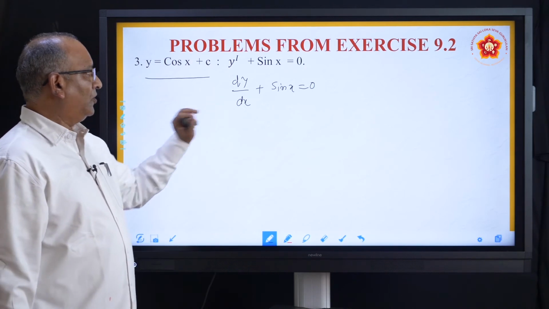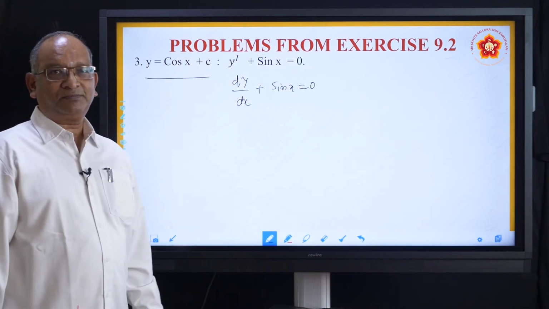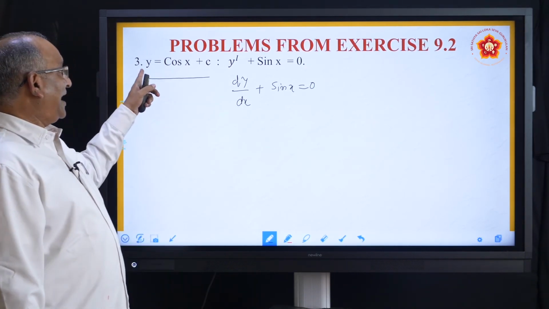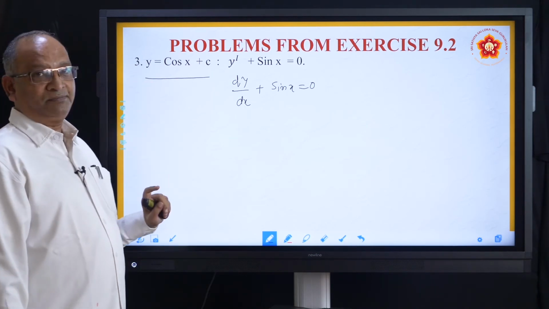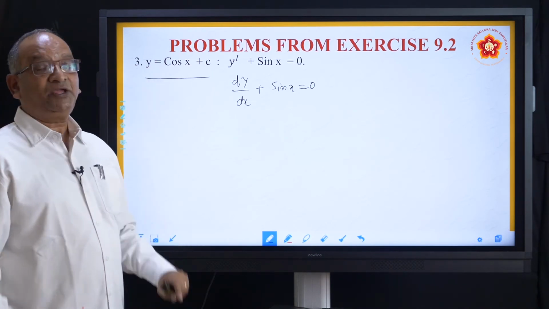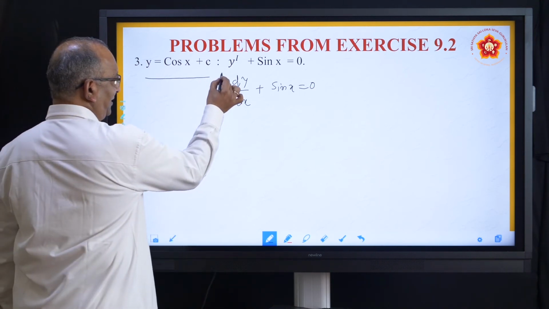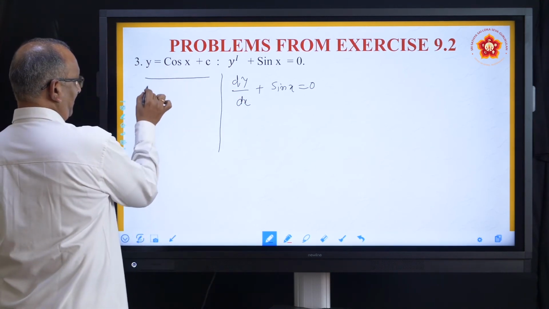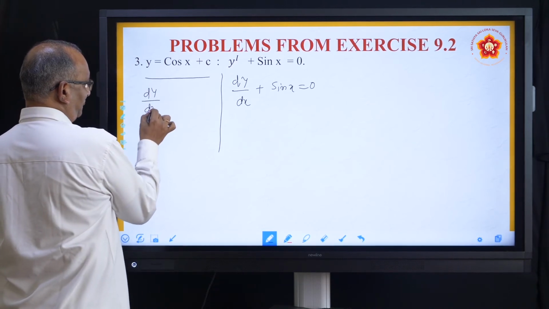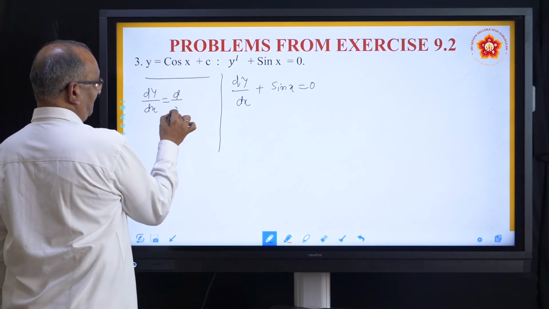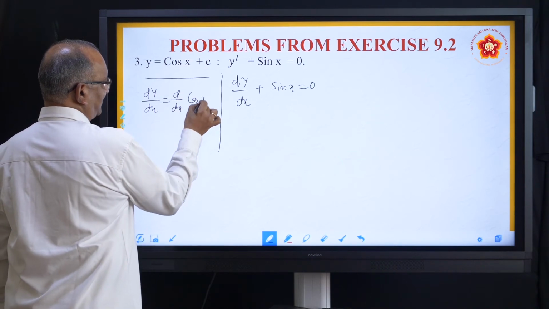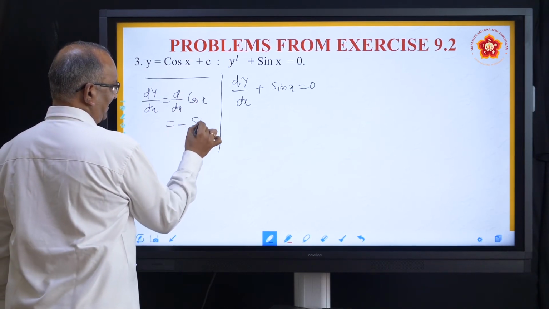So how to know whether this is a solution or not? He has given the value of the dependent variable. Since you know the value of y, you can find dy by dx independently. What is the derivative of cos x? Derivative of cos x is minus sin x.